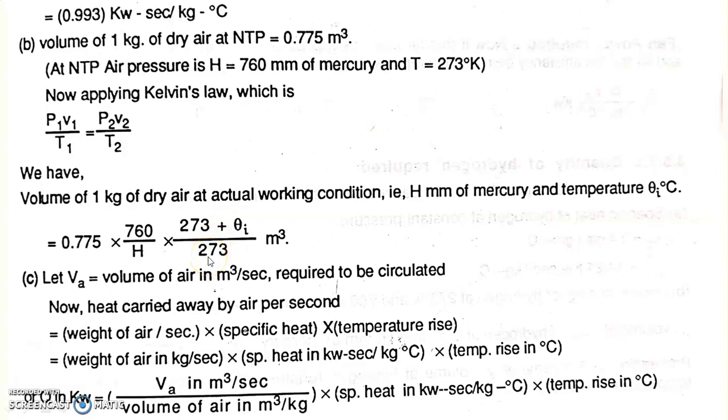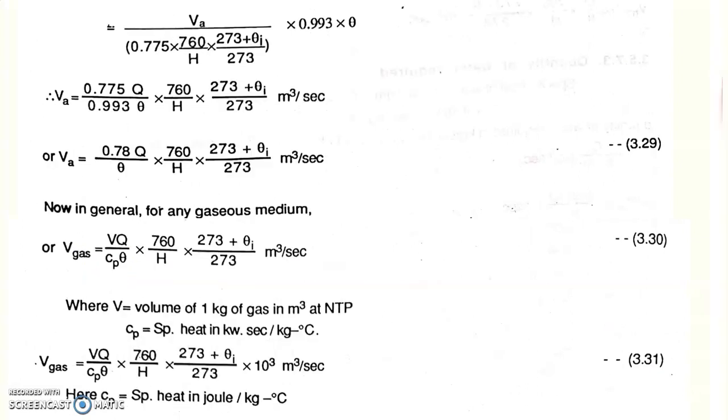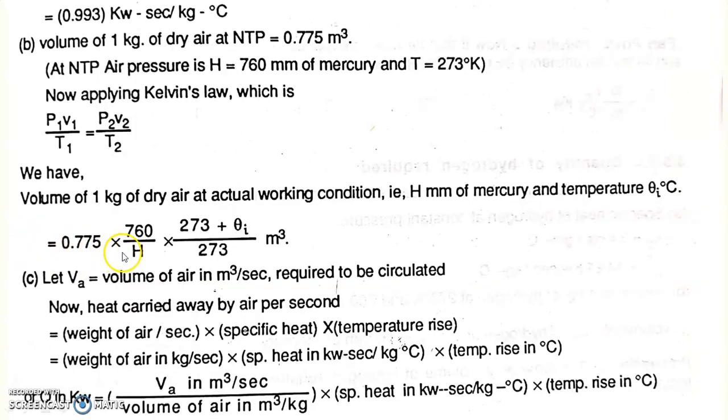T2 is 273. By putting the value of H, we can calculate the volume of 1 kg of dry air at actual working condition. So let us calculate the volume of air required for cooling or circulating in meter cube per second.